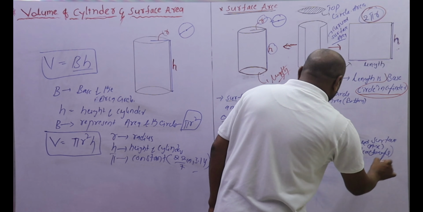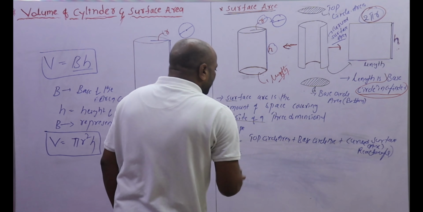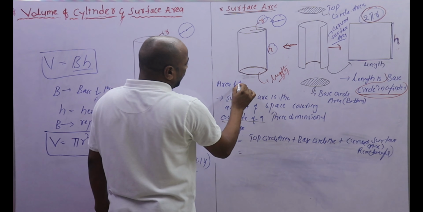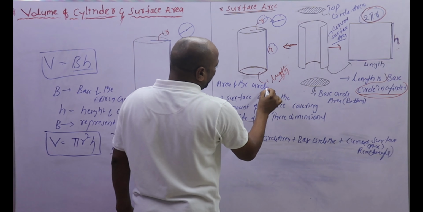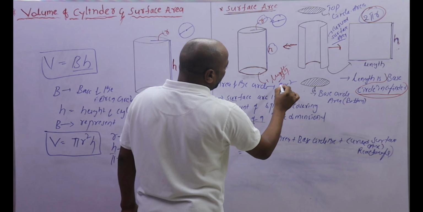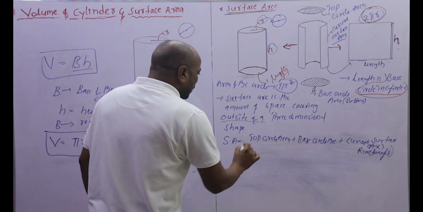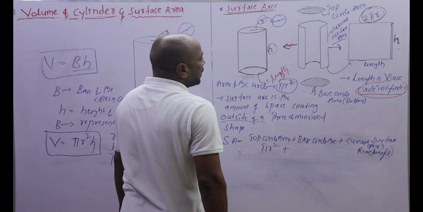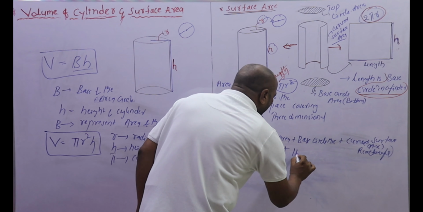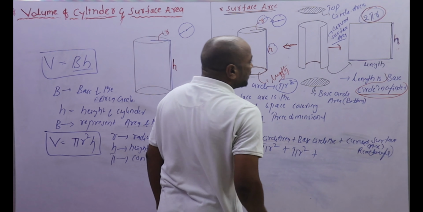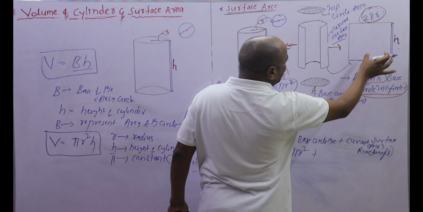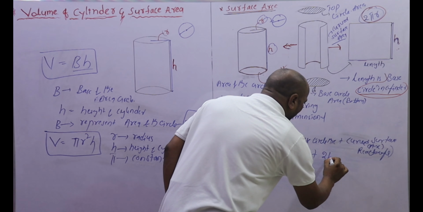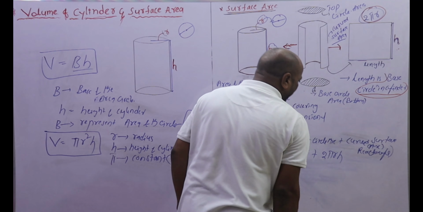The area of the circle is pi r square. So the top circle area pi r square plus the base circle area pi r square plus the curved surface area, which is length times height, 2 pi r times h.